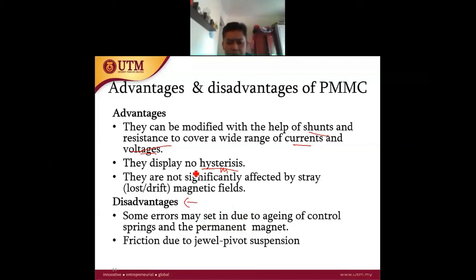Because it depends on mechanical movement, at some point it will lose its accuracy, especially from the friction on the pointy support, where the moving coil is attached to the main support. That is basically a bit sharp, and it can cause friction.